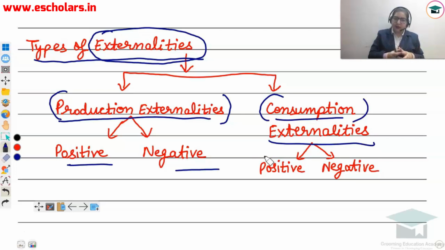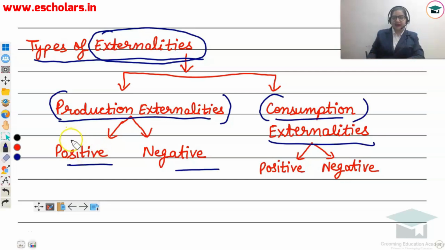So basically we can say that production externalities are those externalities which initiate in the production of goods and services, which impose an external cost on others, which may be received by others either in the consumption or production of goods and services. And consumption externalities are those externalities initiated in the consumption of goods and services, which produce external cost or benefits for others, may be received in consumption or production of goods and services.